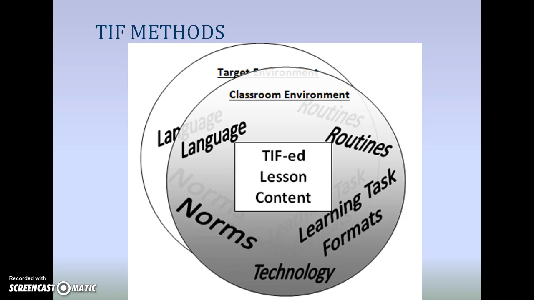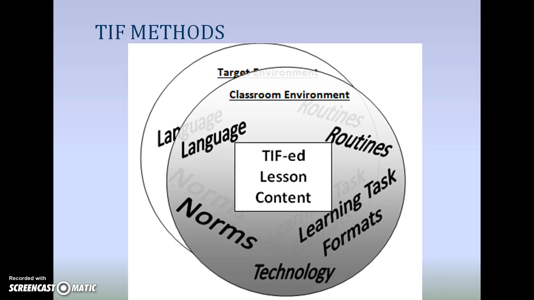What happens on an ongoing basis as the lesson is being delivered? What kind of routines and norms are set up in the classroom? All of these other types of instructional things that happen in the classroom can be TIF methods, and they can reinforce the kinds of transition skills that students will need when they enter into the target environment.